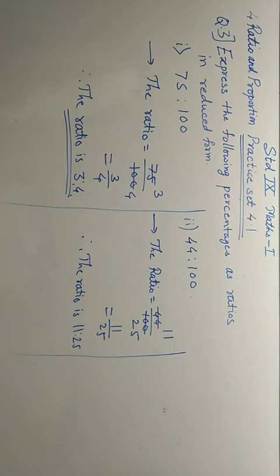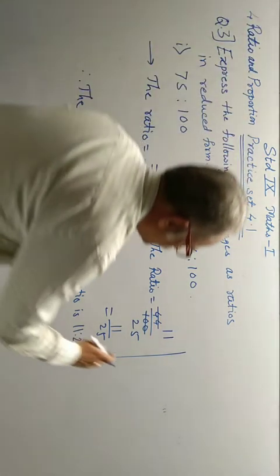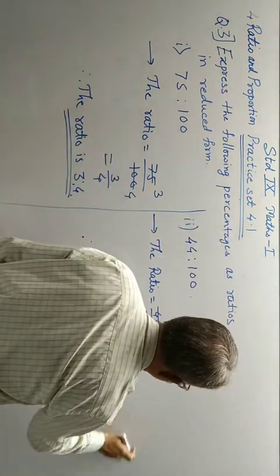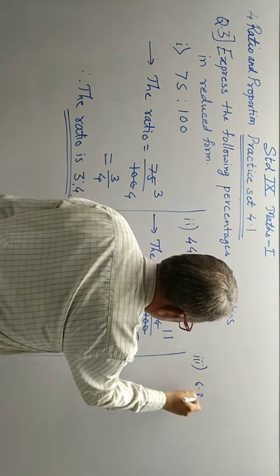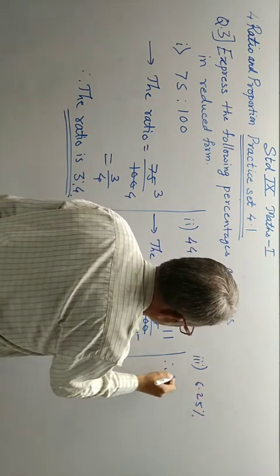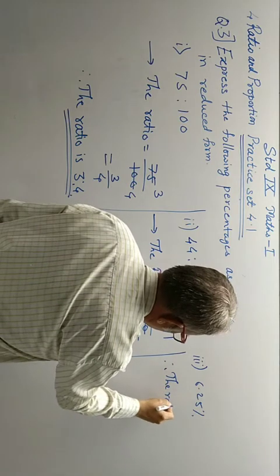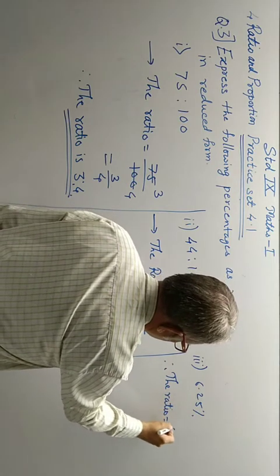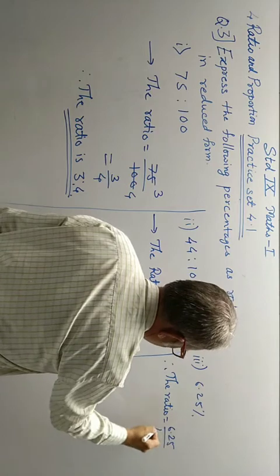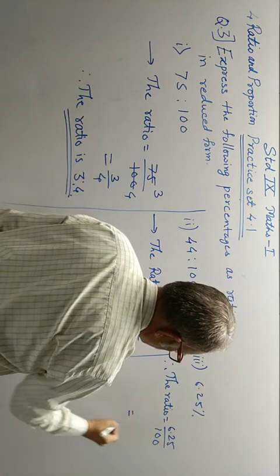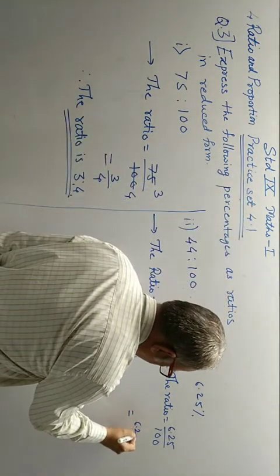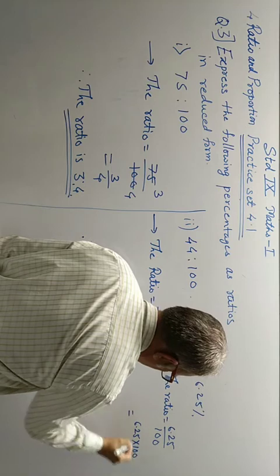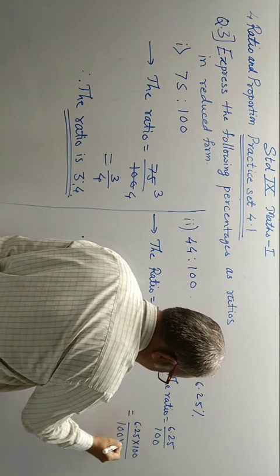Now the third, 6.25%. Therefore the ratio: 6.25% means 6.25 upon 100, equal to 6.25 multiplied by 100 upon 100 multiplied by 100.